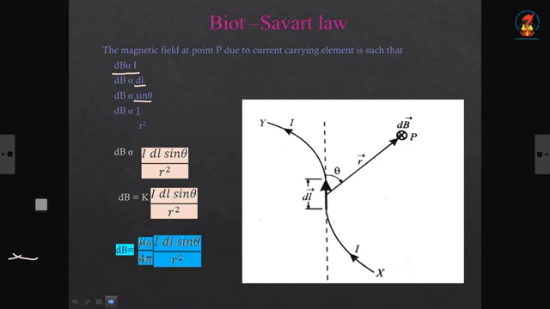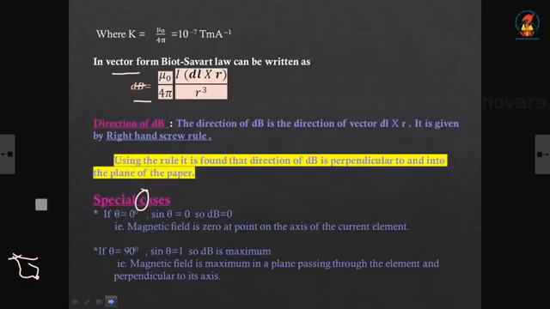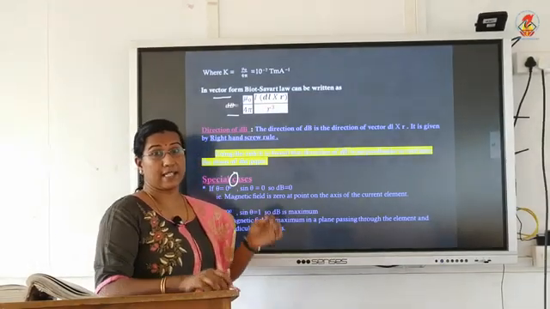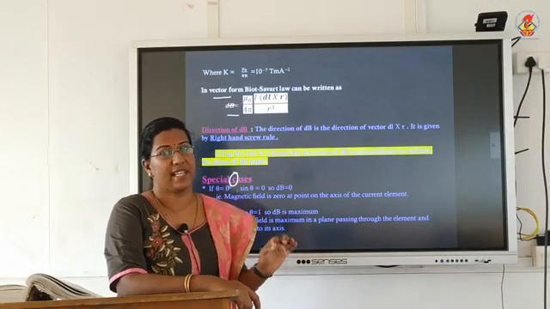Now what we do in maths is change the proportionality sign. To do that, we introduce a constant, and that constant is k. Experimentally, it is found that the value of k is equal to mu 0 by 4 pi, where mu 0 is known as the permeability of free space.